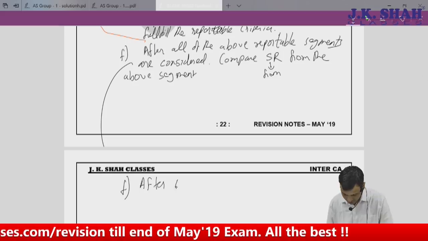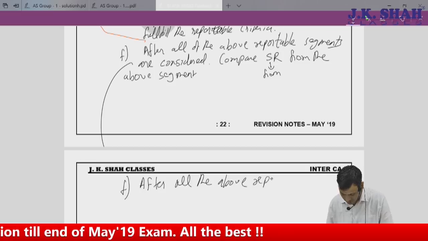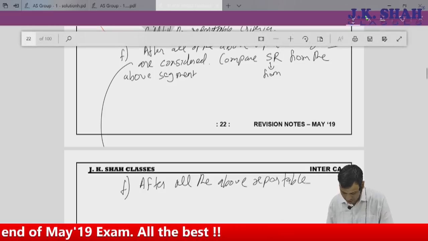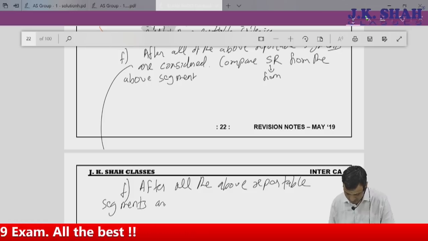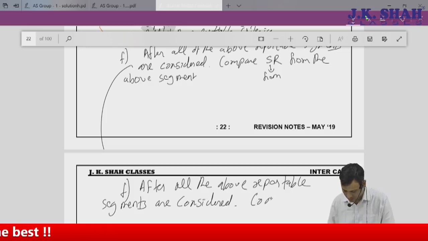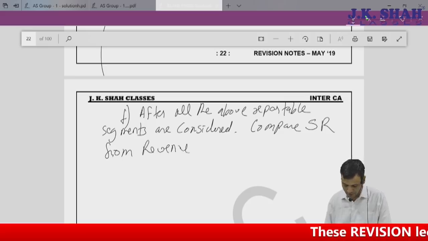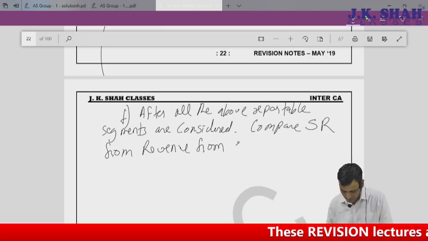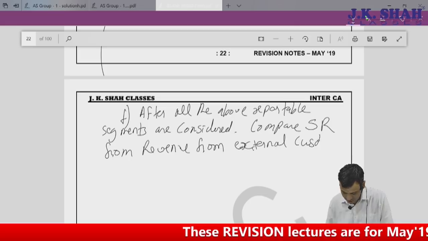After all the above reportable segments are considered, compare segment revenue from external customers.